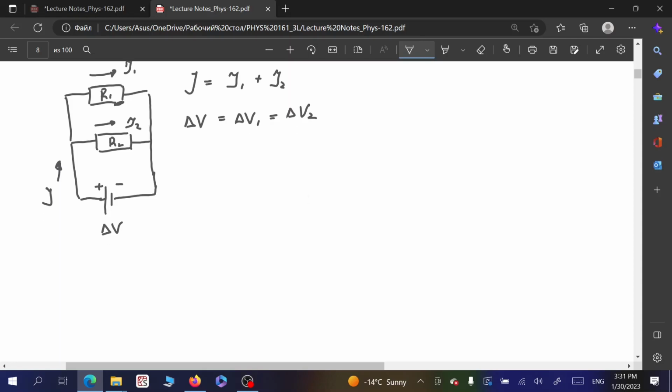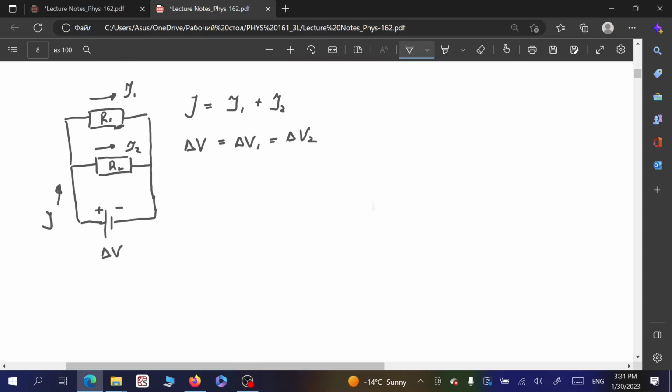So how can we express electric current? According to Ohm's law, electric current is delta V divided by R equivalent. For the whole circuit, we want to determine this equivalent resistance, or in other words, of the battery of resistors connected in parallel.